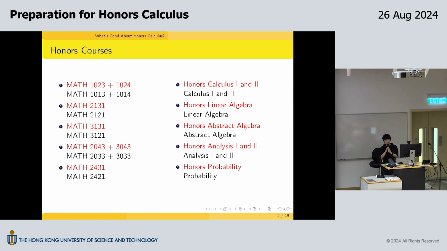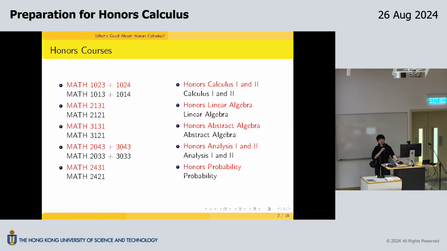Together with the normal core course requirement, we also have an honor version aligned with each course. In the first year, the first honor courses that you can take are honor calculus 1 and 2, and Math 1023 is honor calculus 1. So this would be the first honor course that you can take. The honor course is also a foundation for the later honor stream.